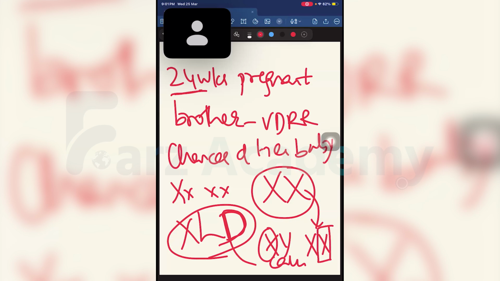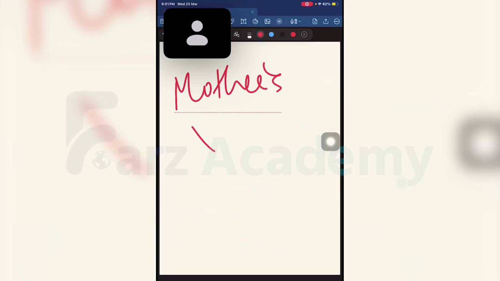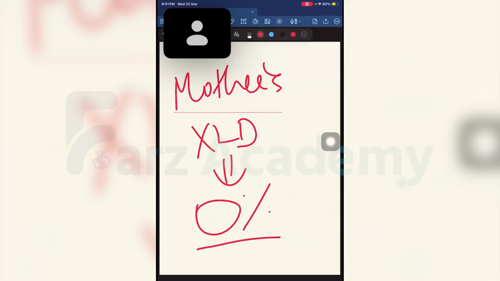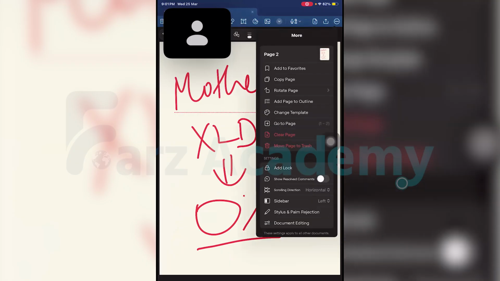There is no concept of carrier here. So even if the question is confusing, with the brother having the disease, you have to understand that the mother's genotype is absolutely normal. With the condition being X-linked dominant, the chance of the disease being in the offspring is absolutely 0% here. Zero. Do you all understand this?